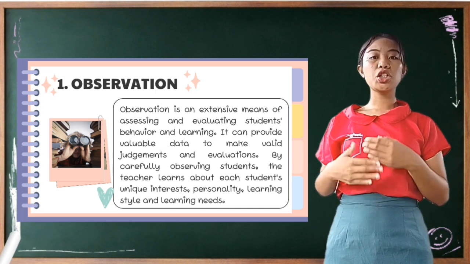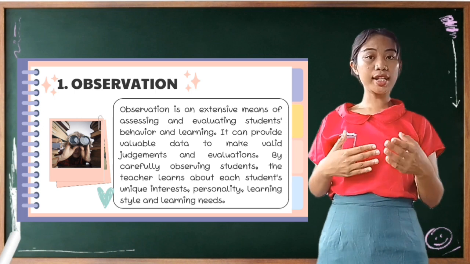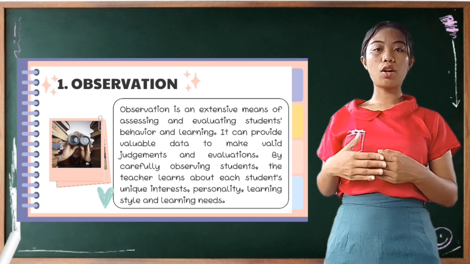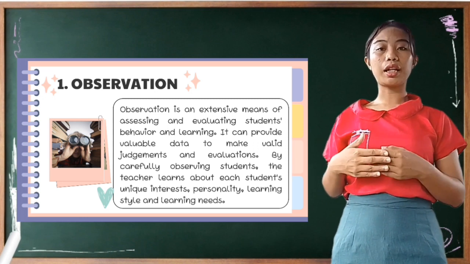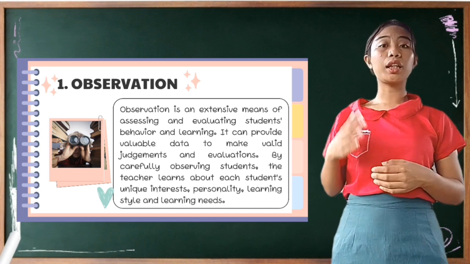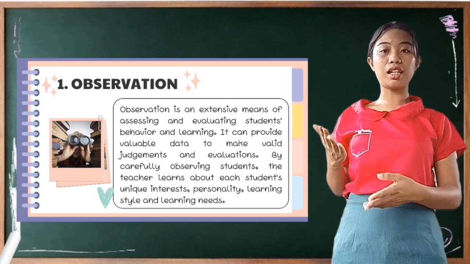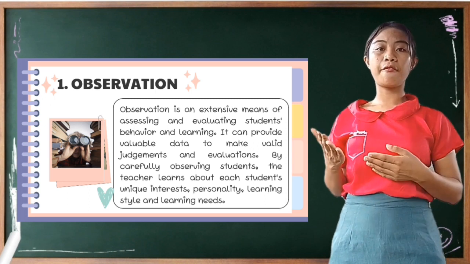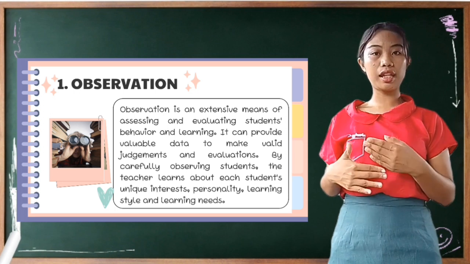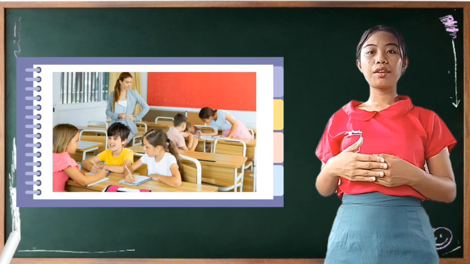Therefore, when the teacher assigns another activity, he or she can take into consideration the abilities or strengths that the students excel in. Take note that observation is an objective method, meaning it focuses on what we see and not what we think.